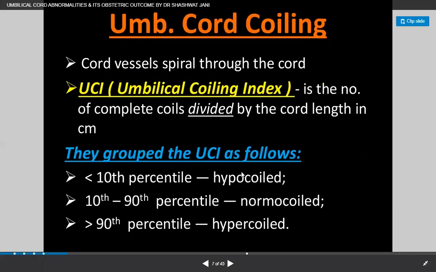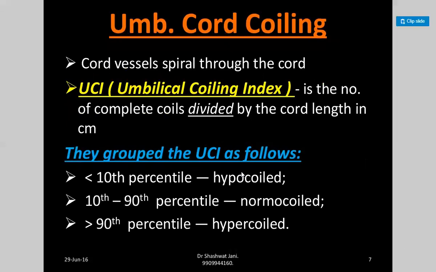Then umbilical cord coiling, that is, the cord vessels spiral through the cord, as we know. There is an umbilical coiling index, which is the number of complete coils divided by the cord length. The umbilical cord coils are counted, the total length is measured, and the division gives the umbilical coiling index.